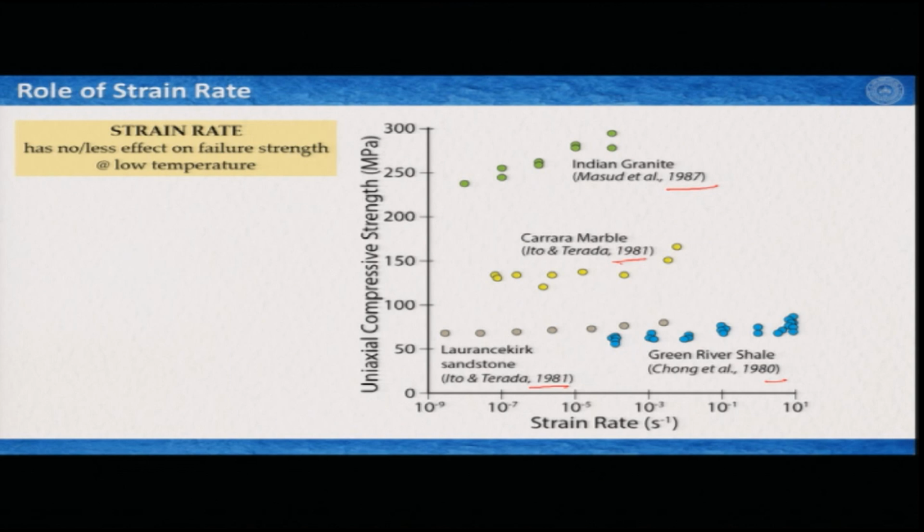For example, we can consider another marble, a very famous marble that people use for experiments, Carrara marble. Here, the strain rate was increased from the order of 10 to the power minus 7 to almost 10 to the power minus 2, and the flow strength was more or less constant. So, strength at low temperature is not a function of strain rate.